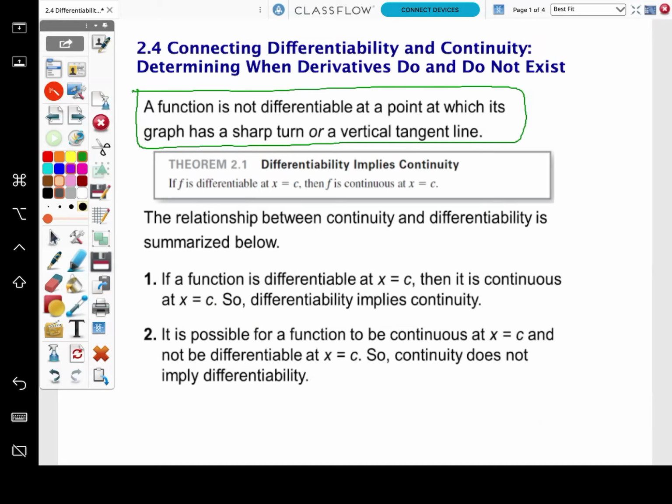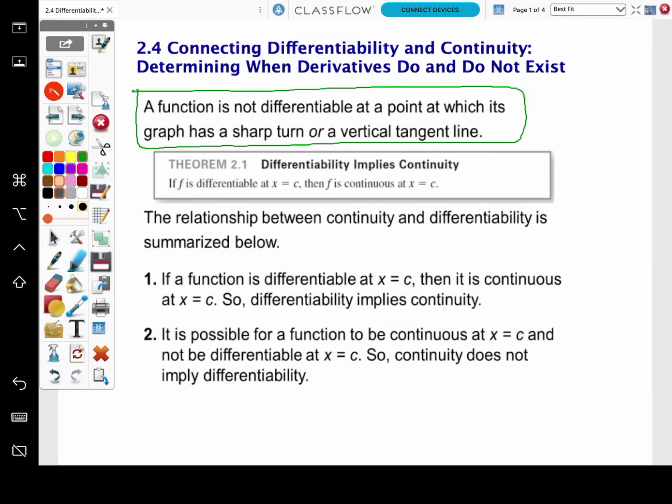Can't have any derivatives there because vertical tangent lines have no slope. And a derivative really just represents the slope of a tangent line. So if a tangent line has no slope, it would make sense that there is no derivative at that point. And the sharp turns, I'll show you what I mean by those when we graph some functions in the next slide.